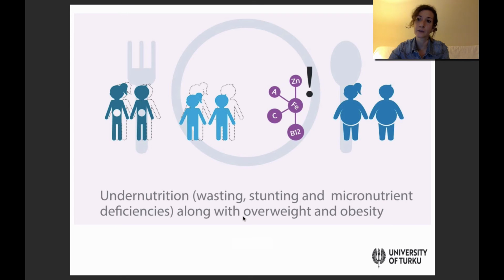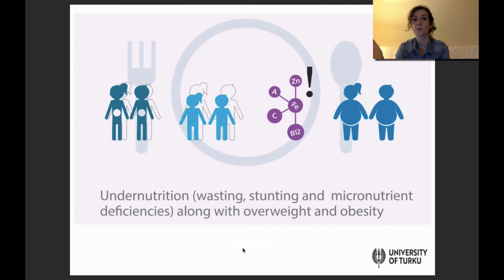And again, dealing with these problems related to nutrition, this is a phenomenon that is becoming increasingly common, the so-called double burden of nutrition. Double burden means that problems of undernutrition like stunting or micronutrient deficiency happen at the same time with overweight and obesity. And this is interesting because it can happen at the level of society.